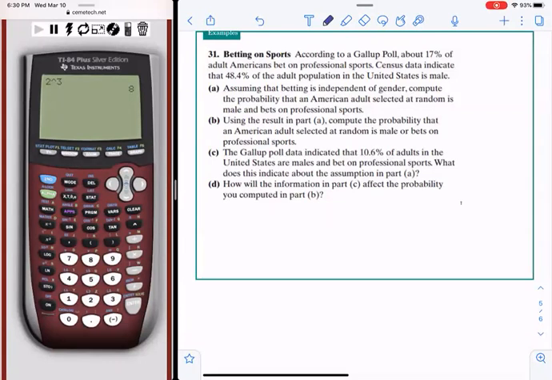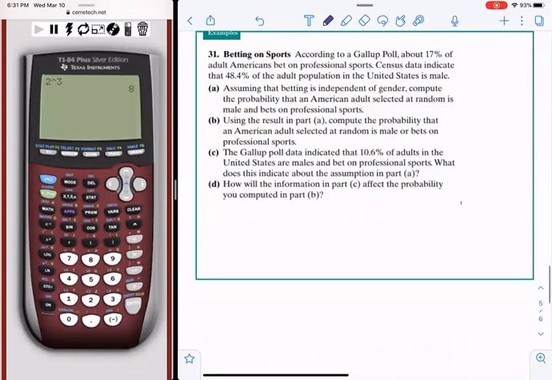So according to a Gallup poll, about 17% of adult Americans bet on professional sports. Census data indicates that 48.4% of adult population in the United States is male. Assuming that betting is independent of gender, compute the probability that an American adult selected at random is male and bets on professional sports.